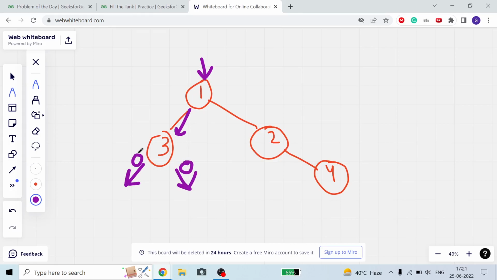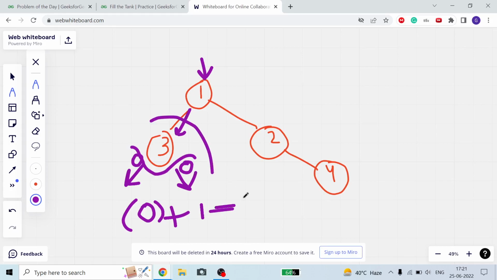So 3 will say my children totally require 0 amount of water. Then my children requirement is 0 plus its own requirement, the node 3 requires 1. So total amount of water we require in this node is 1.